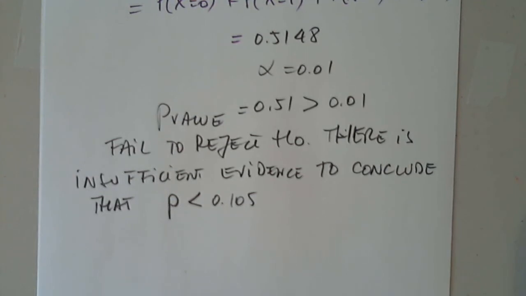So we go to stat, we go to proportion stats, we go to one sample, we go to with summary, and this time number of successes.